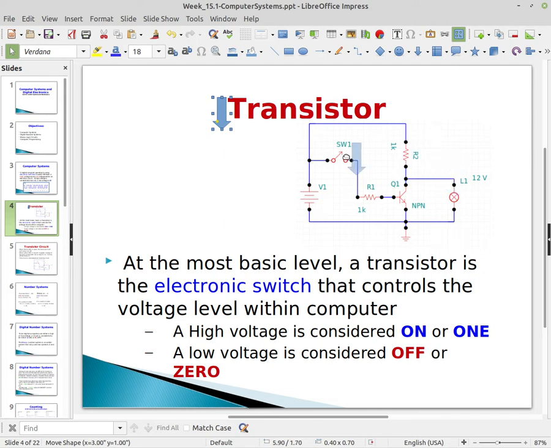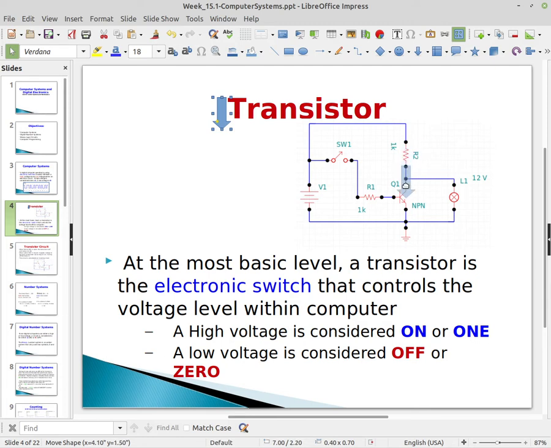And then when the switch is open, then this transistor turns off. Well, if the transistor turns off, then the voltage can flow down through the resistor R2 and into the light and turn the light on, and that would make the light an on or a 1 when this transistor was off. So again, this is an inverting type of circuit the way it's drawn here.